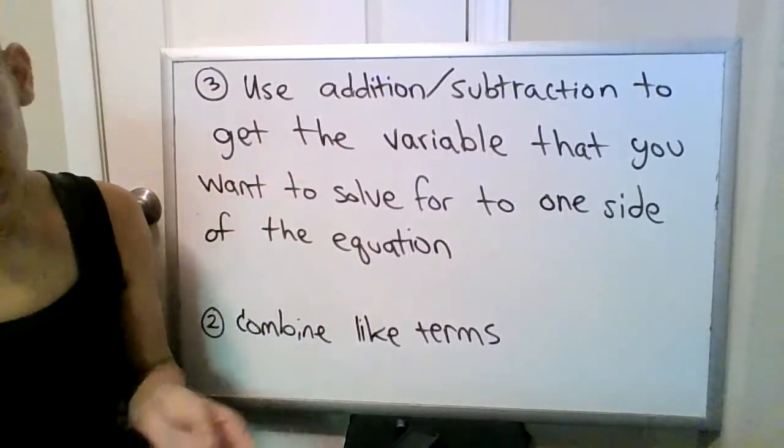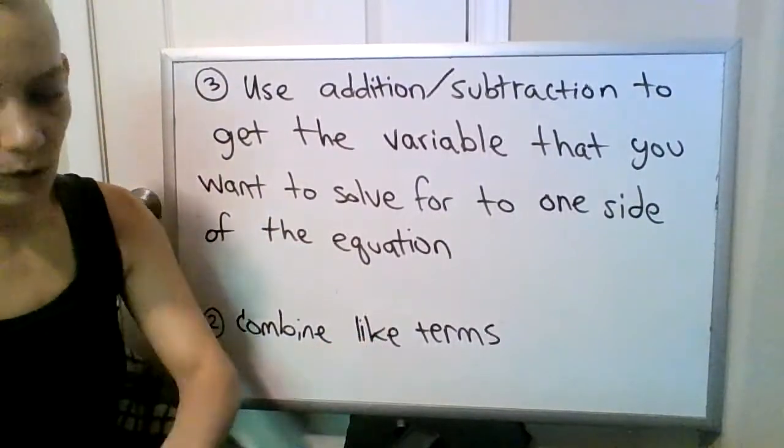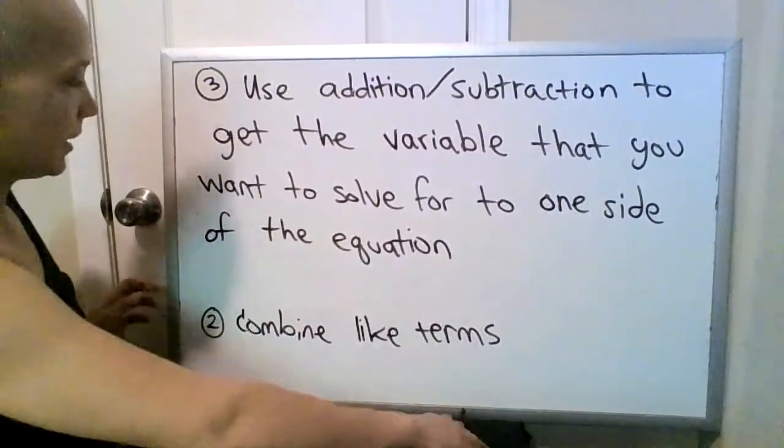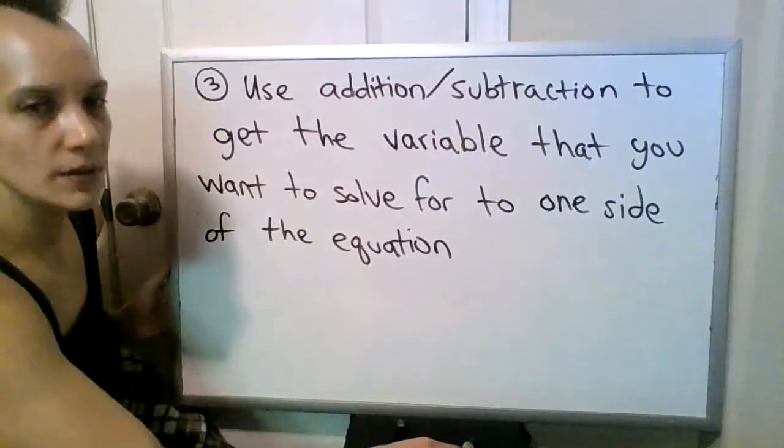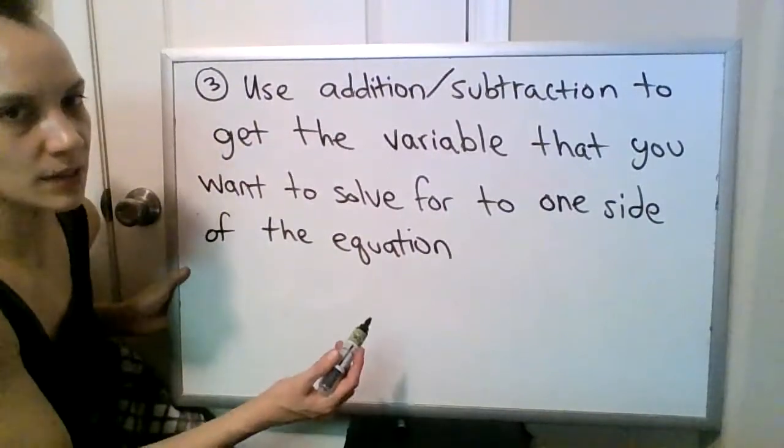Okay, last steps. We're almost done actually. Number 4: use division or multiplication to isolate the variable.